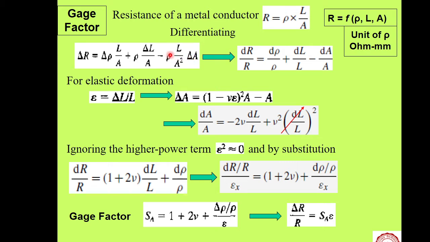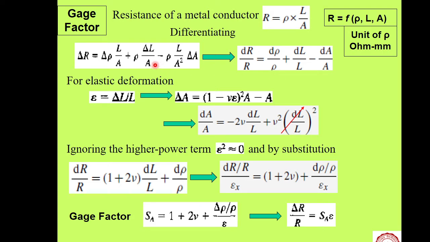So from here, let us do one thing. The left hand side was dR, and that is divided by R. So divide this first term by R. What is R? Rho into L by A. This L by A and this L by A get cancelled. We have d rho by rho.